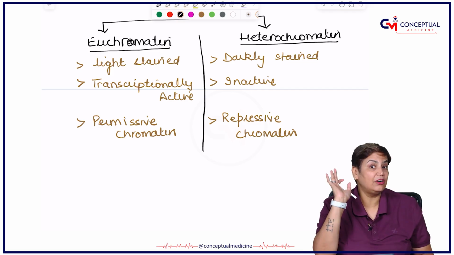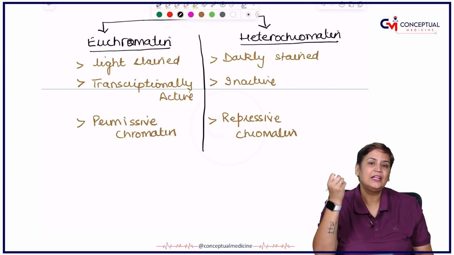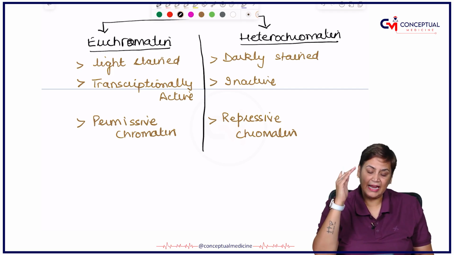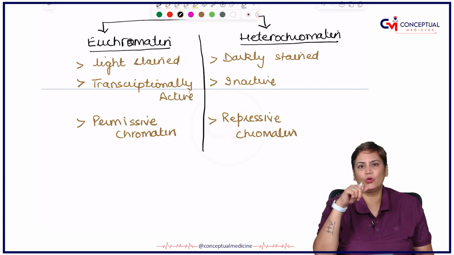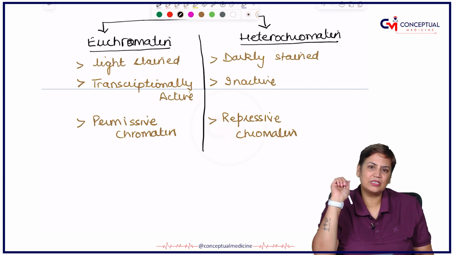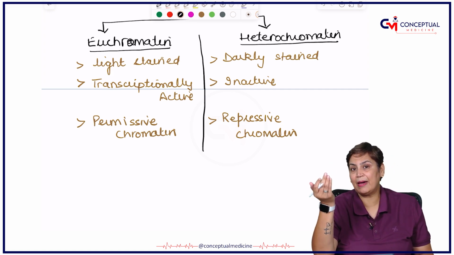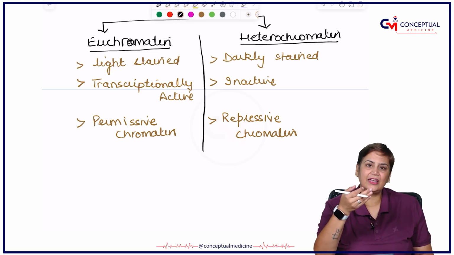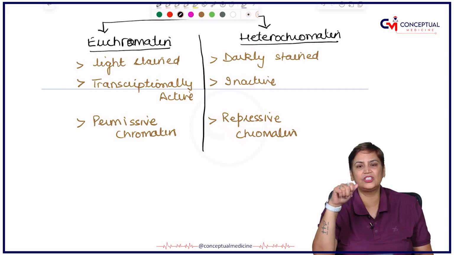But there won't be any hydrogen bond between the bases because it is single-stranded. Double-stranded means the two strands are complementary to one another. Adenine will always base pair with thymine with a double bond. Guanine will always pair up with cytosine with a triple bond. That is a mandate. And the two strands are anti-parallel to one another. Means if one is running in the direction 5' to 3', the other is going to run in the direction 3' to 5'.